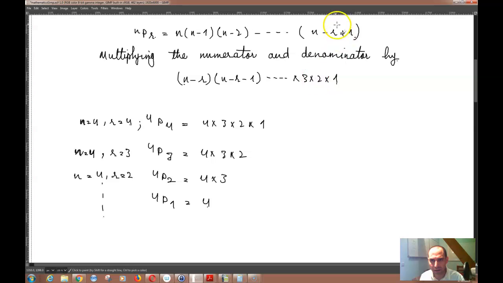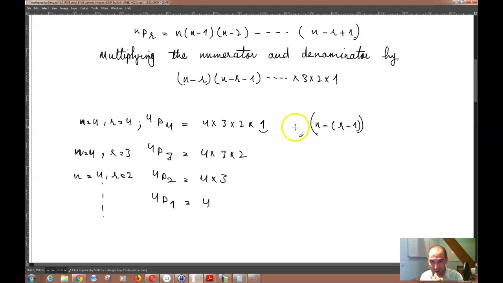In every case, this last term could be represented by n minus r minus 1, which would be, of course, n minus r plus 1, as you can see here, right?